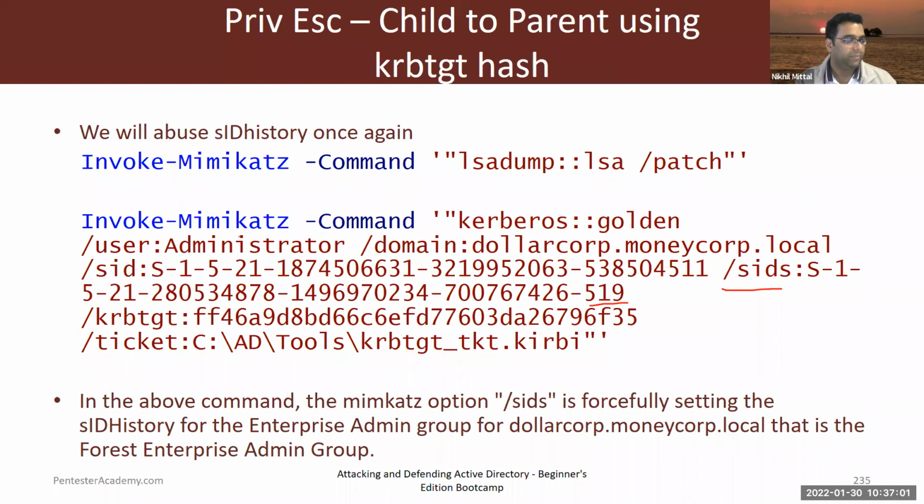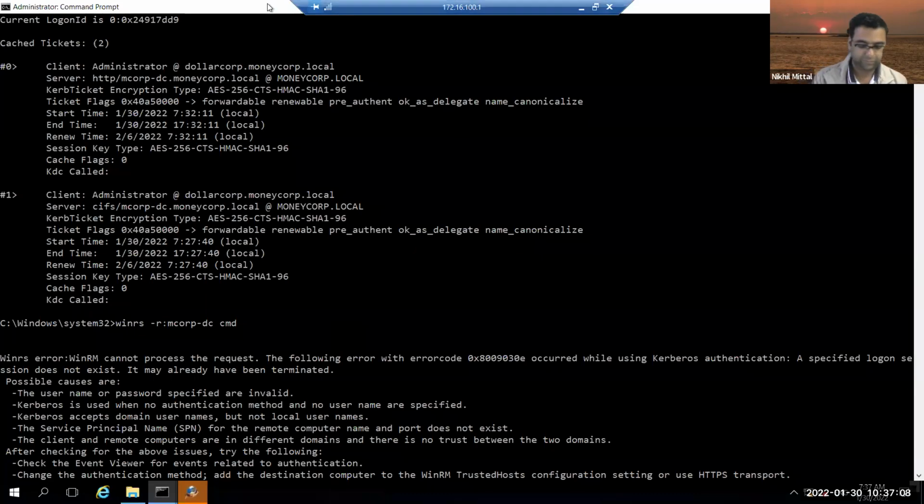What does that mean? That means if we simply go ahead and run this command, the same command that we have on the slide right now, if we run this, let me log off once.